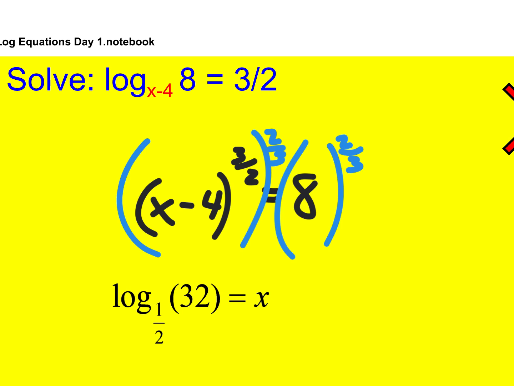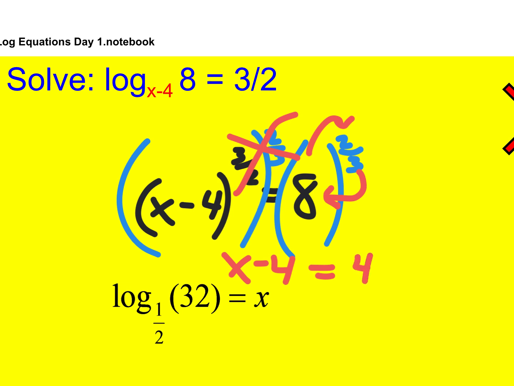So then that cancels that, and I'm left with x minus 4 equals 3rd root of 8. 2 squared? 4. And then I'm going to add 4 to both sides. X equals 8.